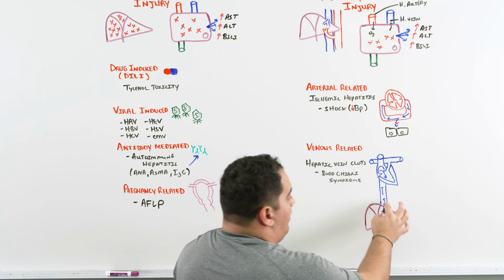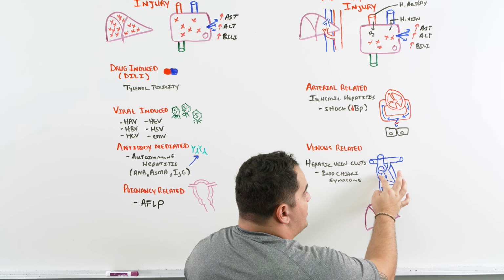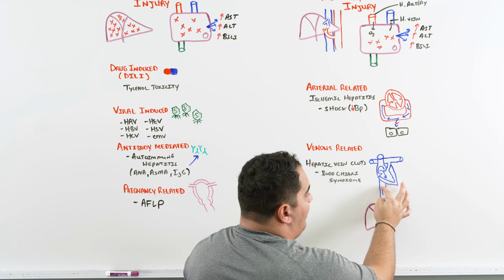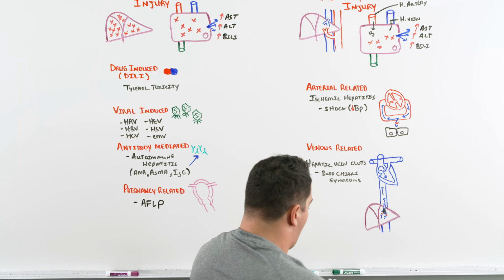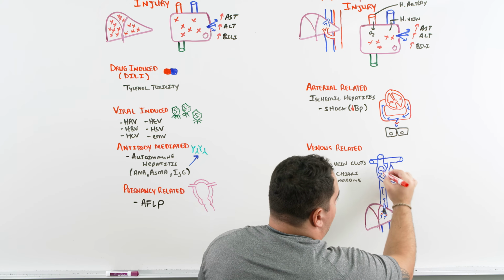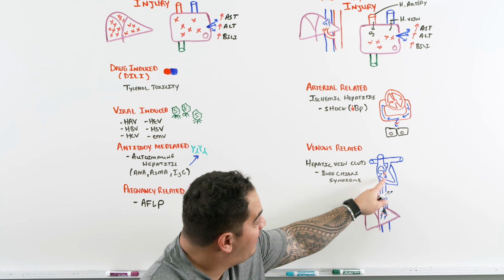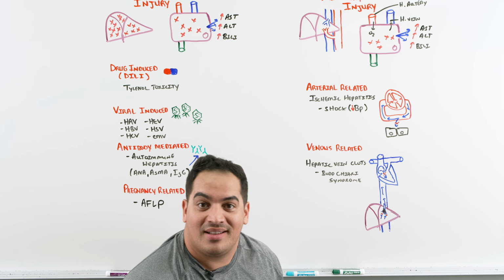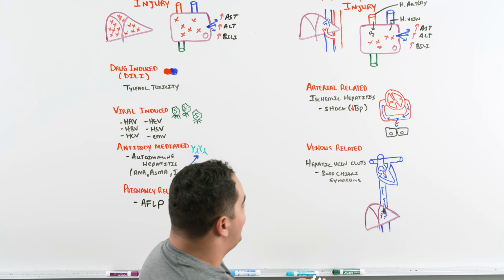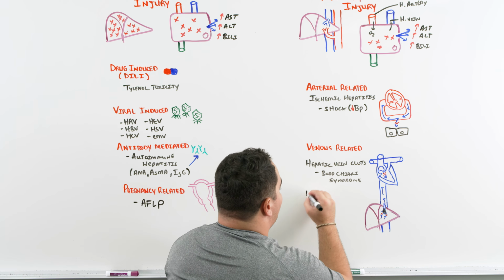Lastly, maybe it's a little bit further, more distally, where the inferior vena cava is being congested because this process where blood is supposed to be entering into the right heart is impaired. If that's impaired, it's because the right heart is not doing its job. So this would be what we call hepatic vein congestion.